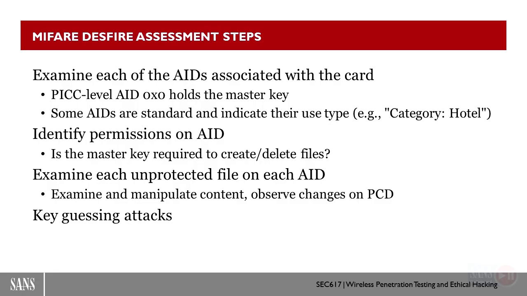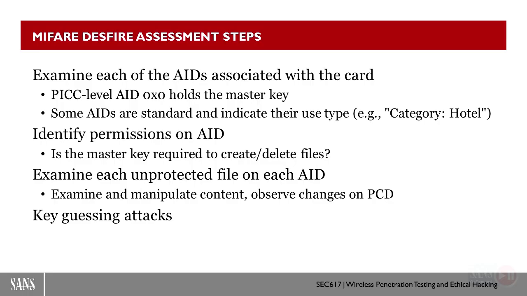There are multiple applications that can have multiple keys that we need to potentially interact with, although some of them may make more sense for us to interact with depending on where they're intended to be used, like that category hotel. That would be the application I'd try to target if it's a hotel room key card.